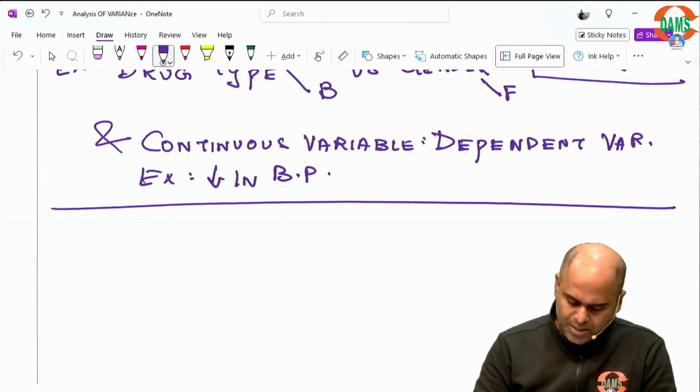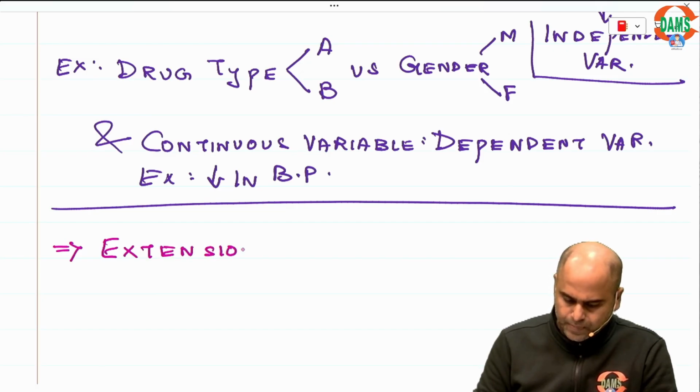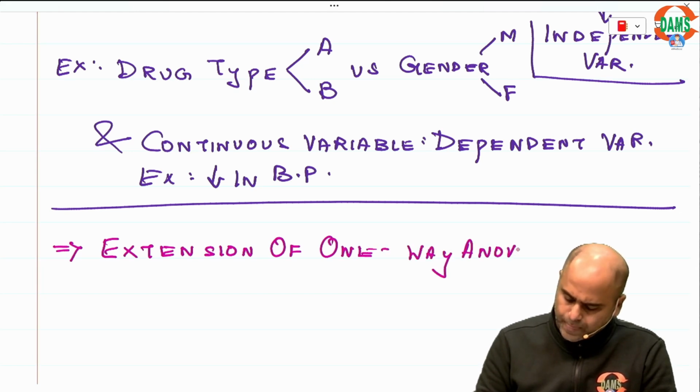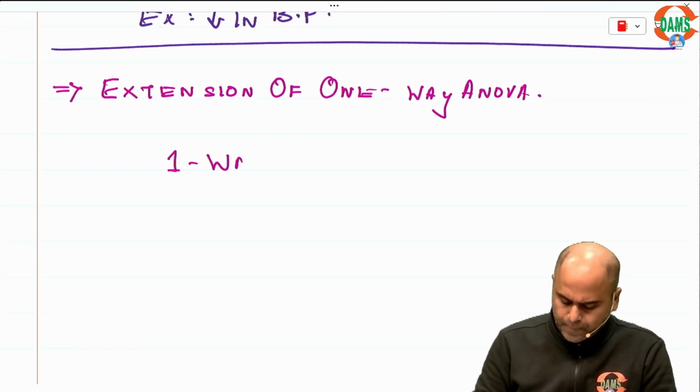Now if you ask me, I would also say this is an extension of the one-way ANOVA. Why? One way versus two way.